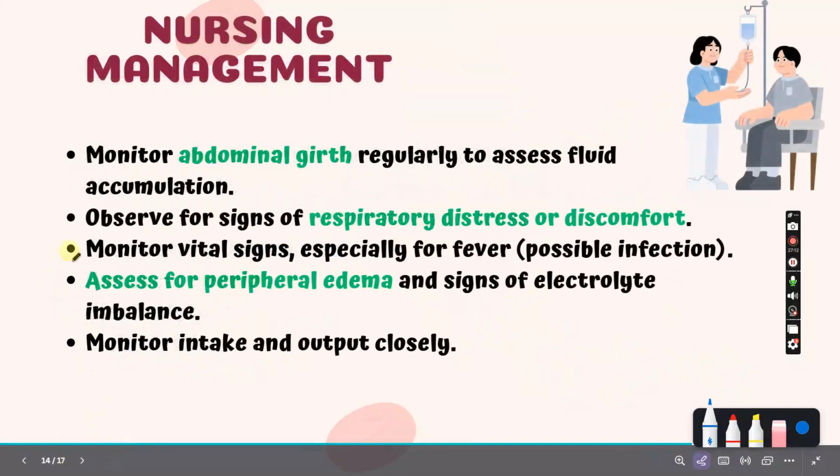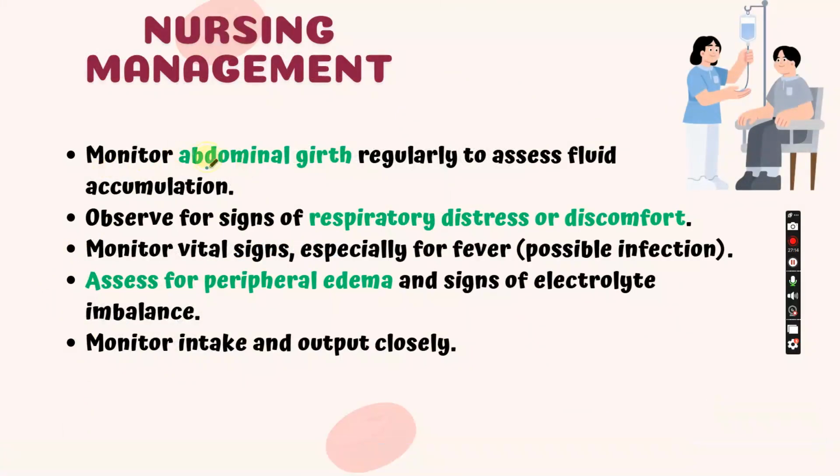Then we will move on to the nursing management. What we'll do is we will measure the abdominal girth. Okay. So at regular intervals or every day, we have to measure the patient's abdomen. We have to take a measuring tape and measure the abdominal girth to determine whether the fluid is accumulating more, or whether the paracentesis is working or not.